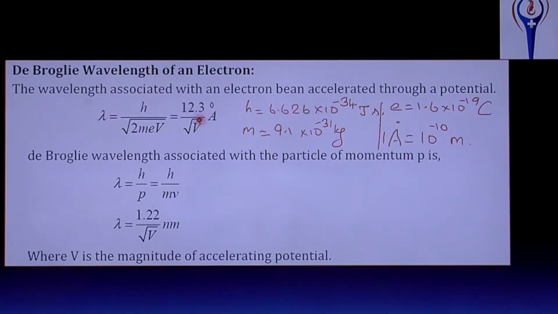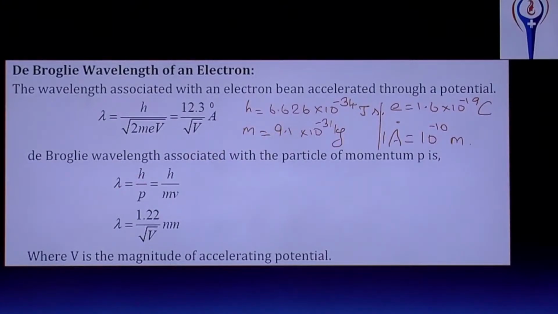Suppose in a problem the electron has potential V equal to 10 volts or 100 volts, find the de Broglie wavelength of the electron. It means electron only, so mass is the same 9.1, e is 1.6 into 10 power minus 19, h is constant. So no need to simplify this, just remember the 12.3 Angstrom by root V formula. V equal to 100, take the square root of 100, simplify and write.